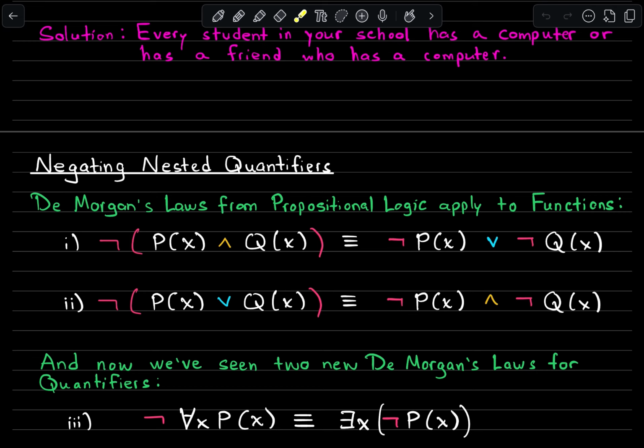So if p of x was something like, in the last example, x has a computer, it is not the case that for all students, the student has a computer. In other words, there are some students who do not have a computer. Okay? So there's just 2 different ways of saying the same thing. Not all students have a computer, or some students do not have a computer.